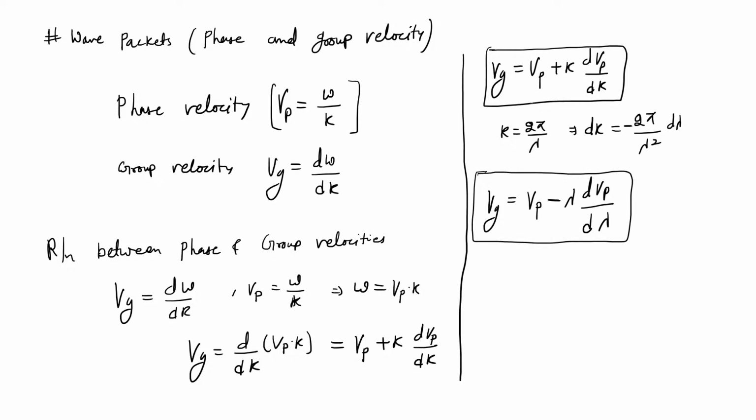So here you can see Vg and Vp depending on lambda and k. So there are two different media: one is dispersive medium, another is non-dispersive medium. When you say a medium is dispersive and when you say a medium is non-dispersive, that is very important.